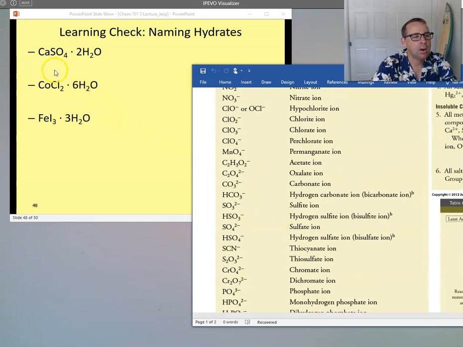Now, for the two water molecules attached to every calcium sulfate, we say calcium sulfate di, that's the number for 2, and then hydrate. So calcium sulfate dihydrate. All right, good.